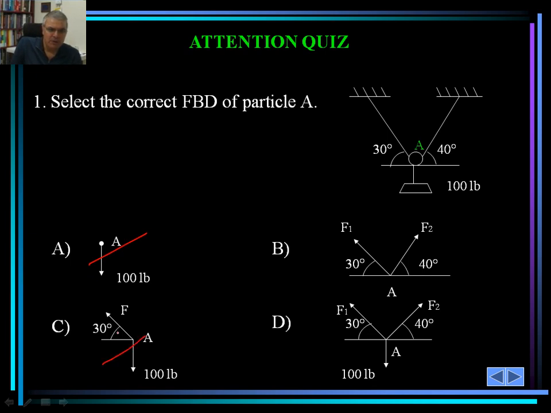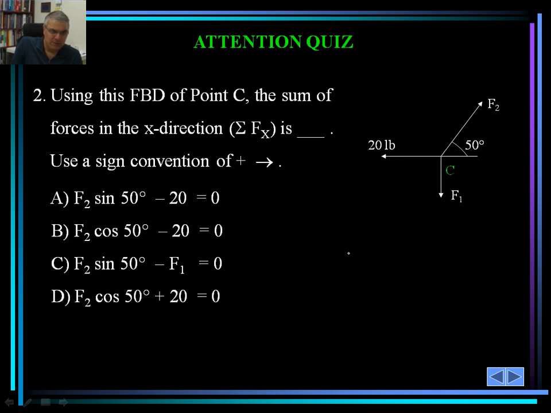Right away you can eliminate this one, and this one. They're not complete. We're left with 2 of them. This one is also not complete. Right away you can spot the correct answer is D, because all the forces are shown here, all the unknowns and knowns, correct angles, and all that. So that is the correct free body diagram of particle A.